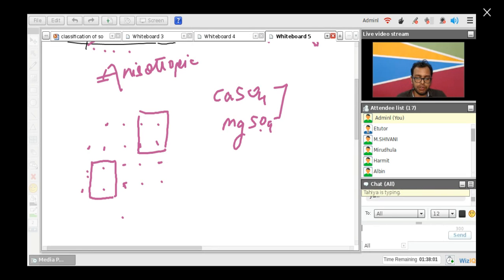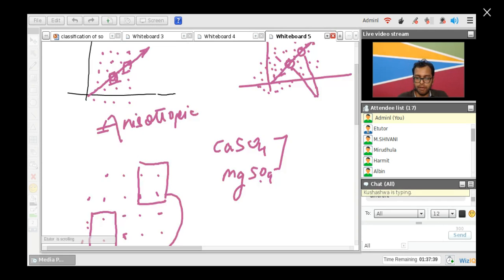The density of the two unit volumes will be same or different? It will be different, right? So that's why the crystalline solid will be anisotropic in nature.